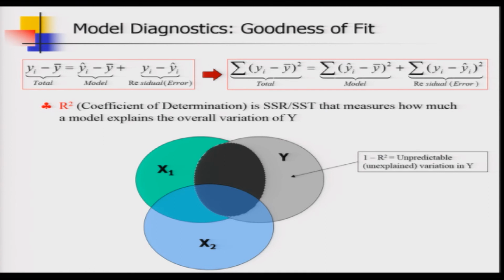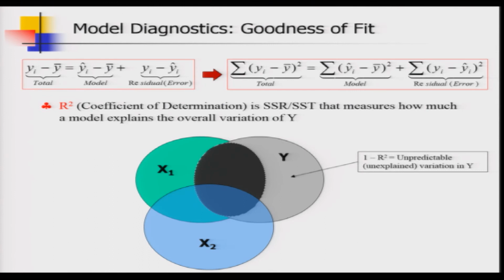The first component is basically the model component, which is called the sum of squares regression or sum of squares model, and the second component is called the sum of squares residual or sum of squares error.